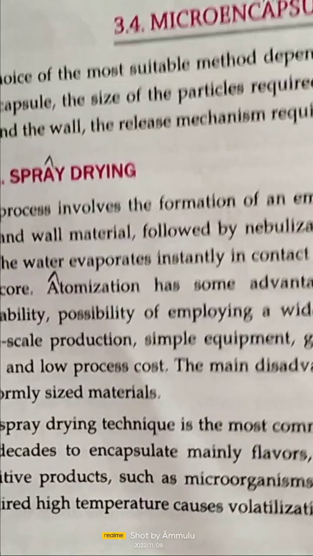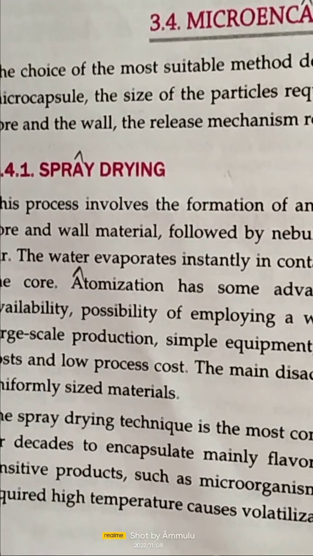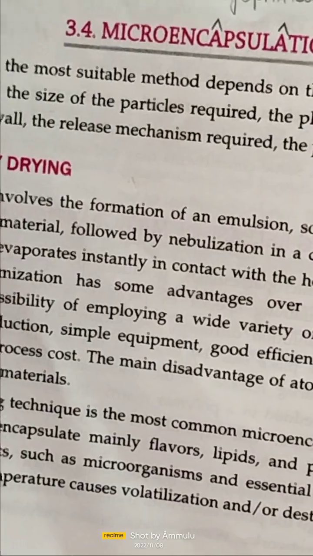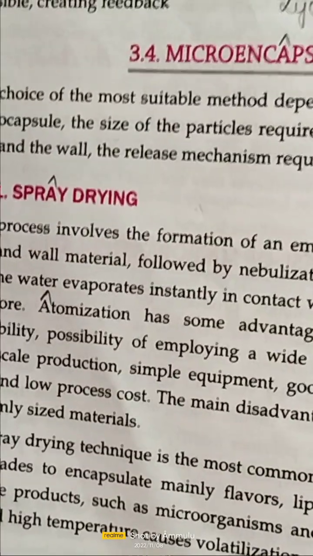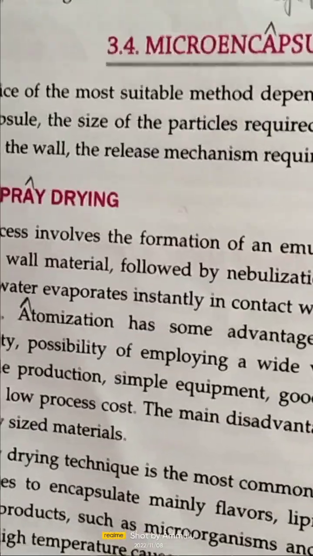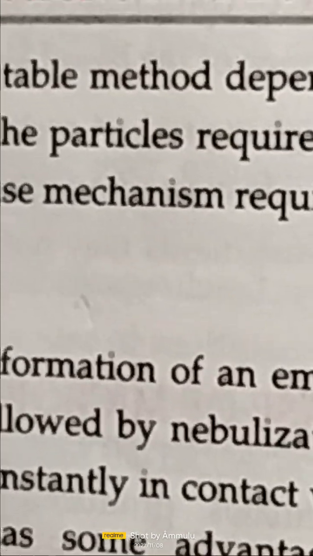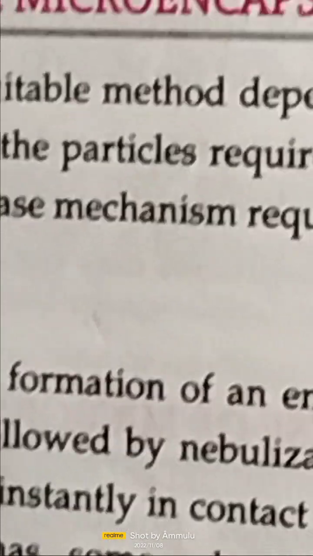In this process, an emulsion is formed, a solution or suspension containing the core and the wall material, followed by nebulization. In the drying chamber with circulating hot air, the water evaporates instantly on contact with the hot air. The wall material encapsulates the core.